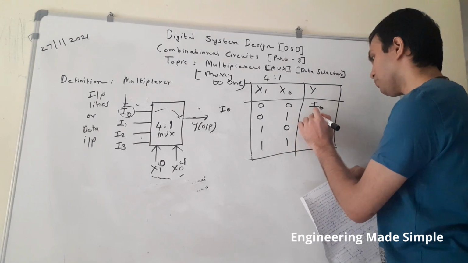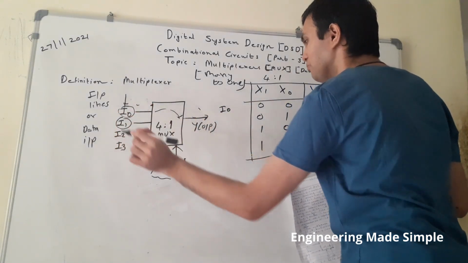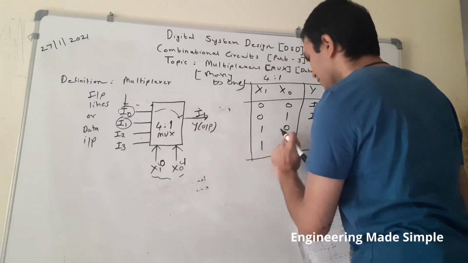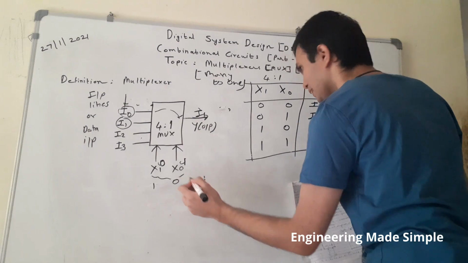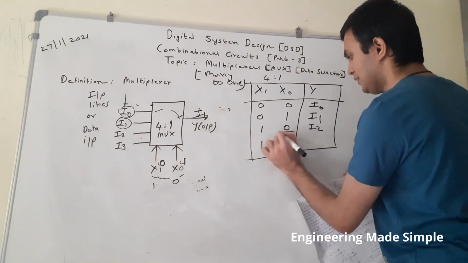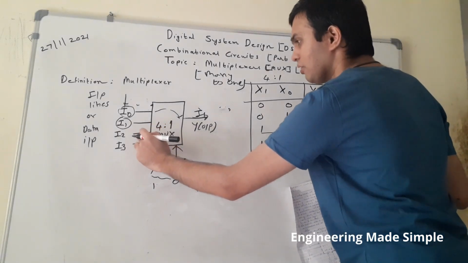For 0 1, which one will be selected? Input line number I1 will be selected. So I1 will be present over here. And then the next combination, for 1 0, what will be selected? I2. Because this is binary number 2, the third input will be selected.